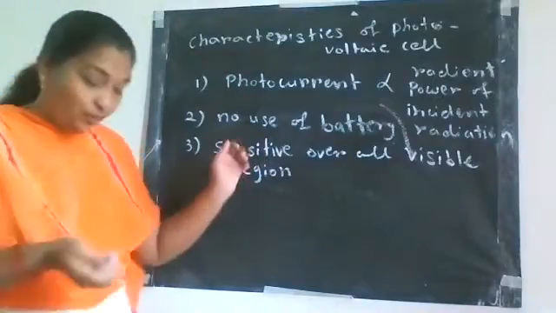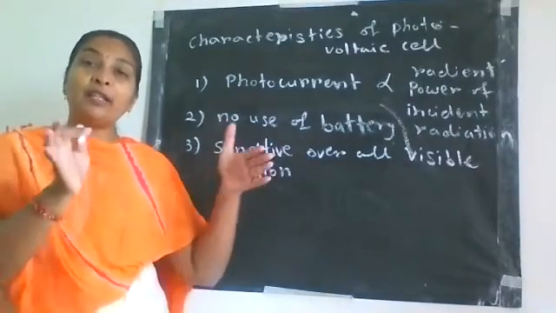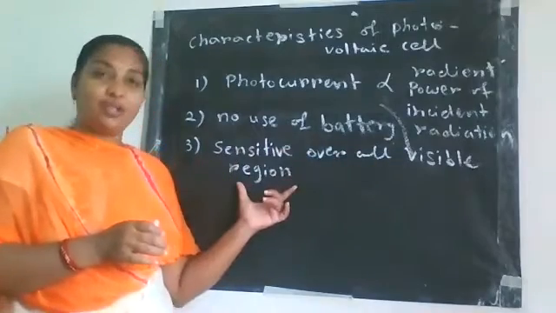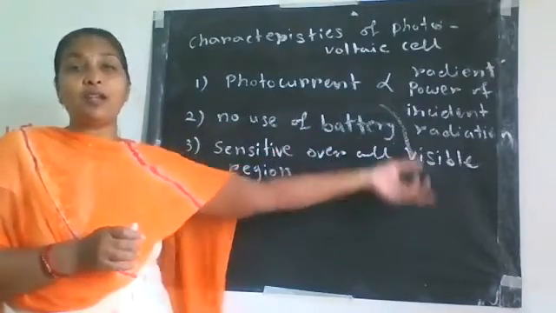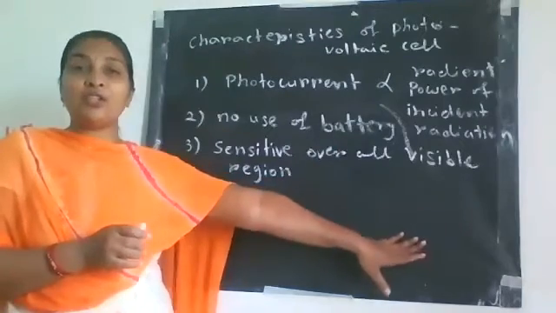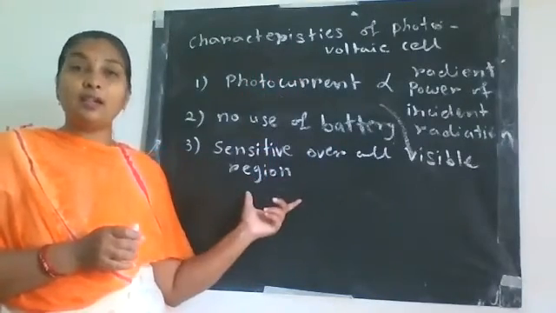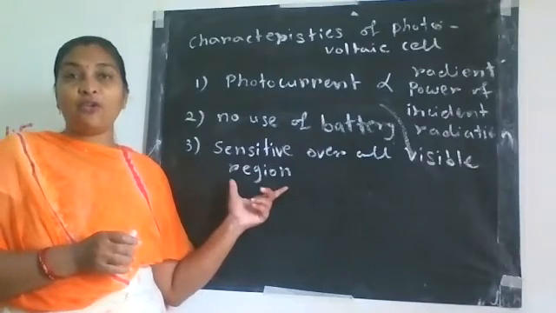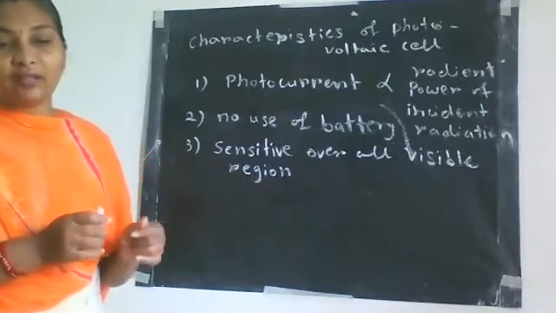So you can use the photovoltaic cell to measure all the radiations that come under the visible region. Meaning, starting from 400 nanometer to 800 nanometer, all the radiations can be measured by the photovoltaic cell. So this is again the third important characteristic of the photovoltaic cell. Got this one? Third one? Okay.